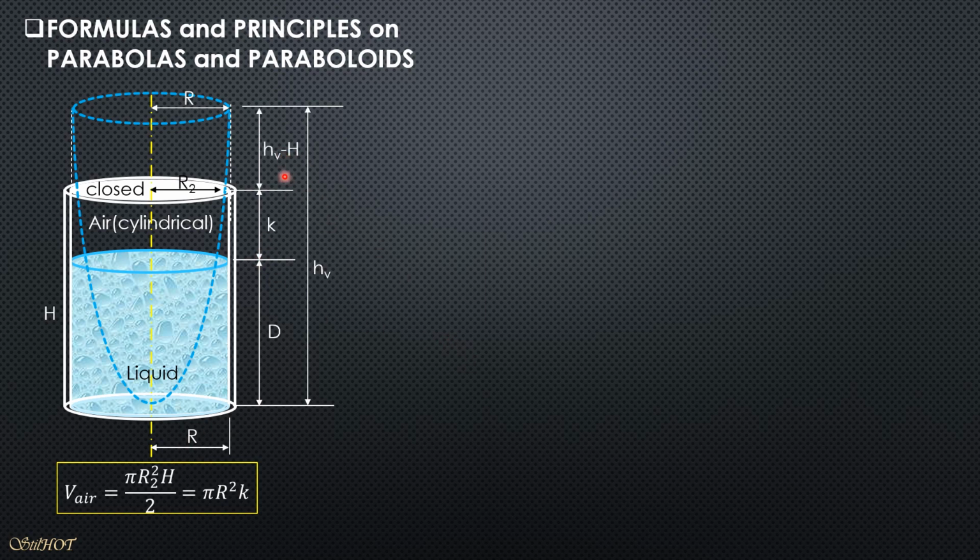Then another way is this volume of air inside is also equal to volume of big paraboloid minus volume of this parabolic segment with two bases.